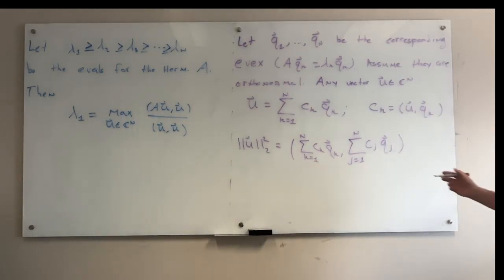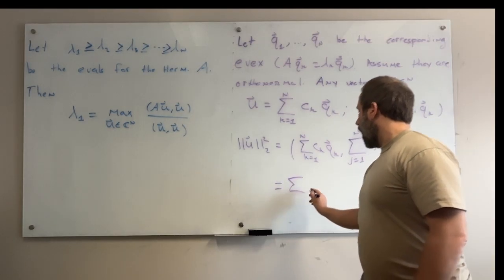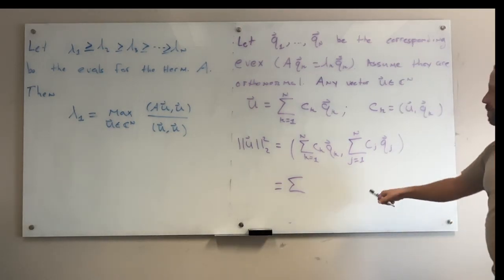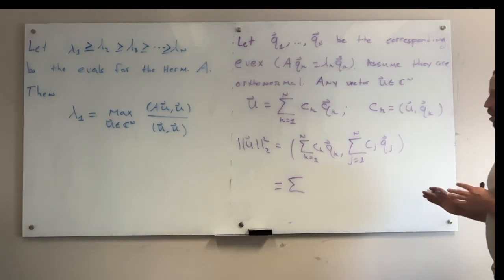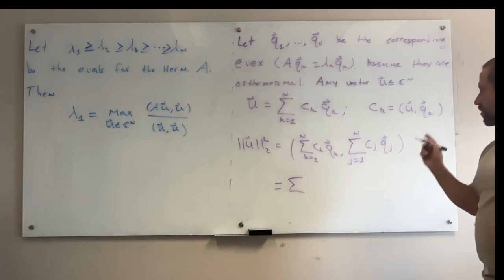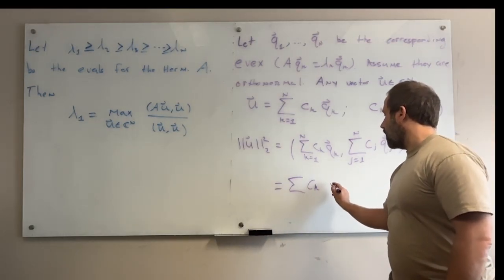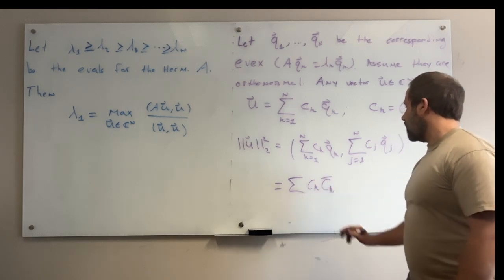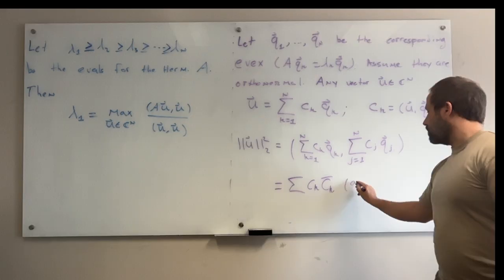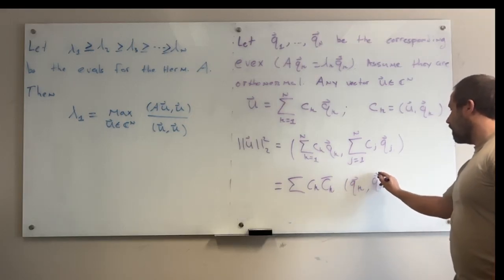Okay, so what's going to happen? Well, I'm going to pull out a k sum, pull out a j sum, but it's all going to be 0 unless the two indices are the same, because qk and qj are orthogonal to each other. And so what we're going to end up with here is ck bar times the inner product of qk with itself.